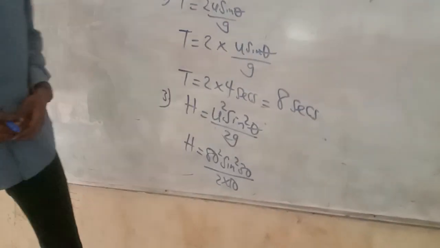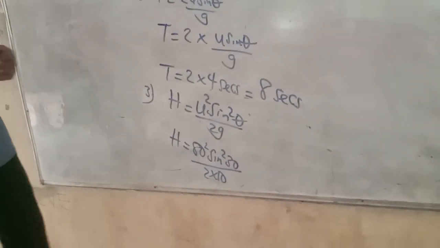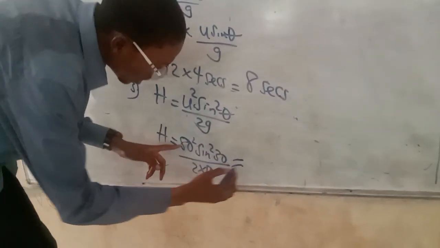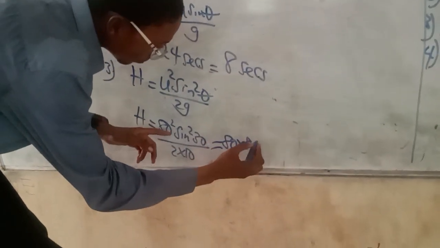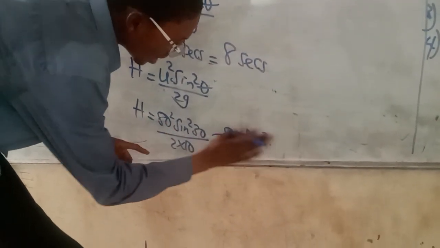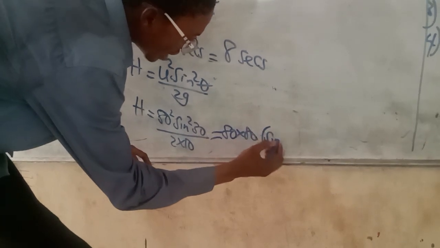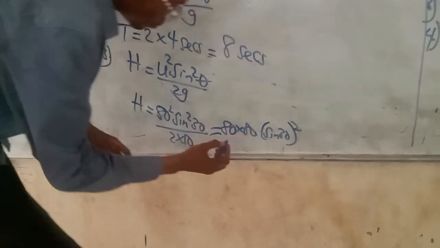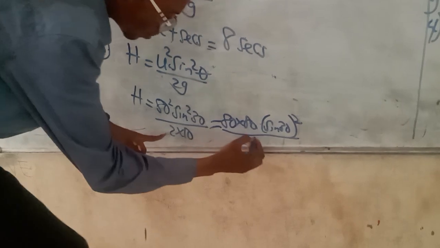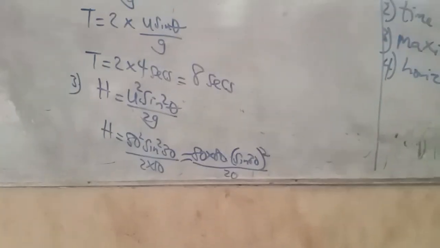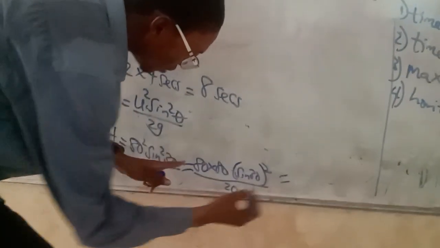And I told you, if you have sine squared theta, it's the same thing as sine theta, everything squared. So now it will be 80 times 80, sine 30 everything squared, then over 20.